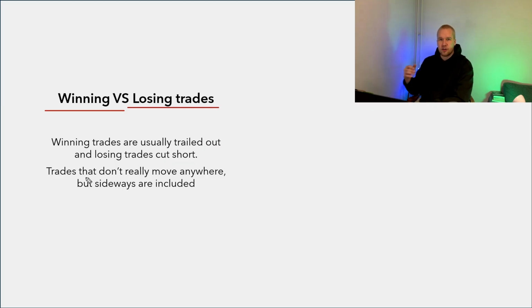Also, the trades that aren't really going anywhere, so you're not necessarily losing or winning, but they are going sideways, I'm also going to include in this video. So I think it's very clear to distinguish between these three. Winning trades are where price is clearly going in your direction, but you just haven't hit the target yet.